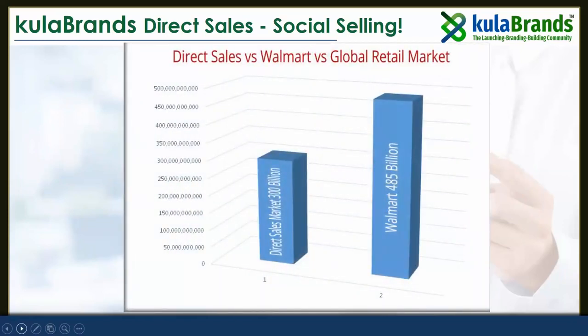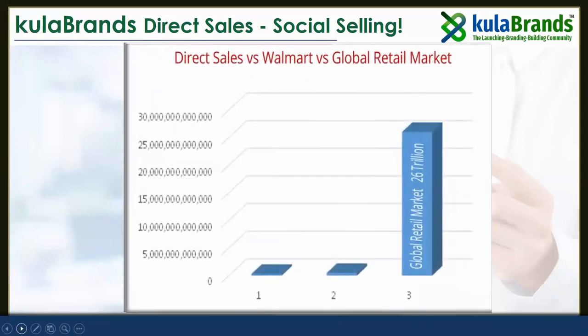So the entire direct sales market is $300 billion. And we said, wow, that's huge, right? Walmart alone last year sold over $485 billion in sales. So one sales channel outsold the entire direct sales market. But guys, when you compare both of those to the entire retail marketplace of 26 plus trillion dollars, you can see the difference.